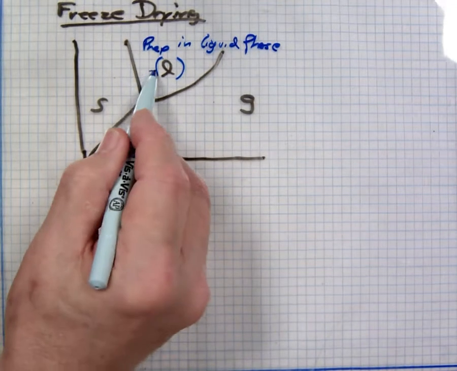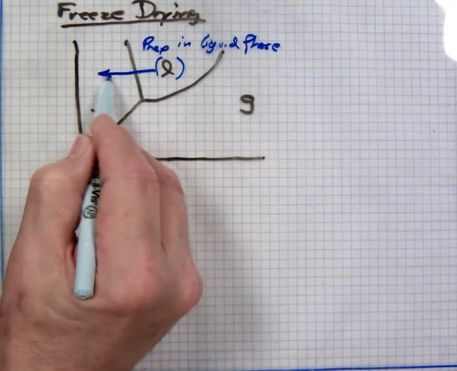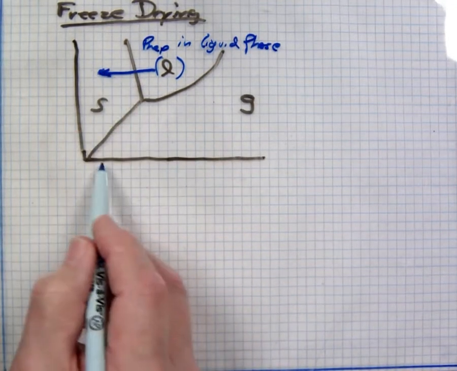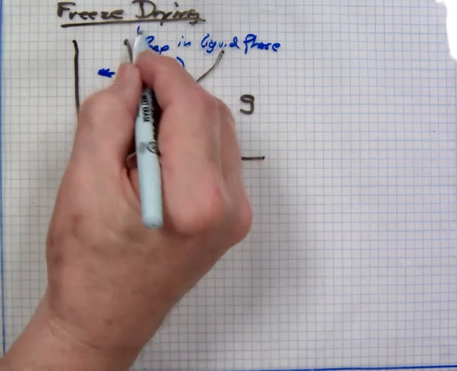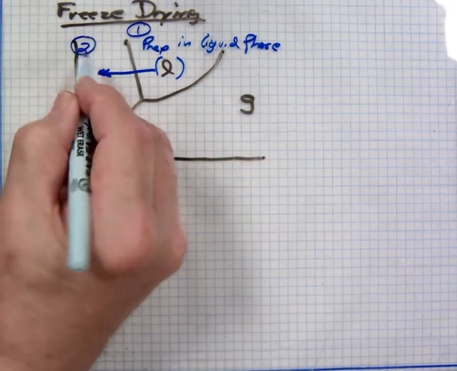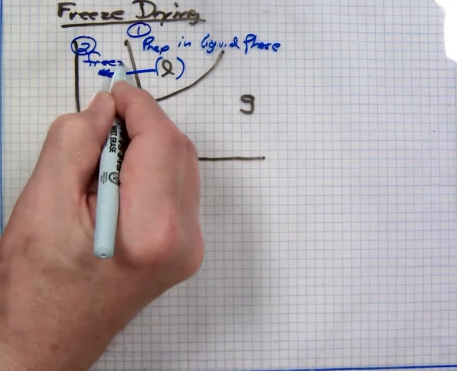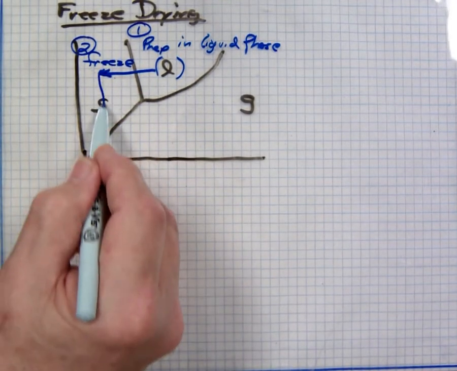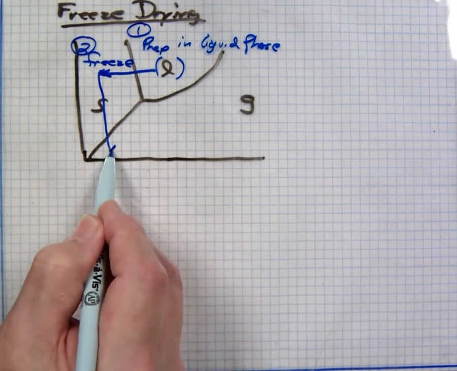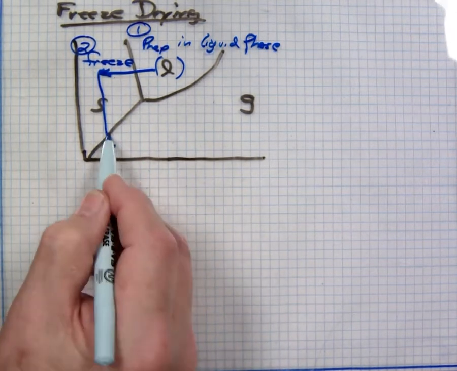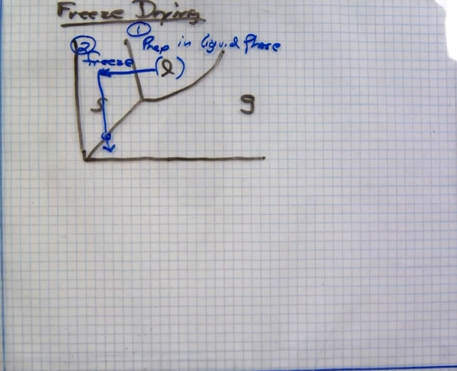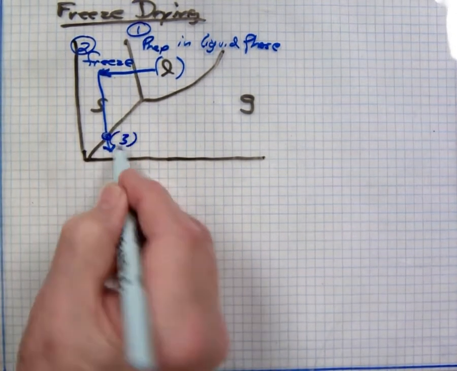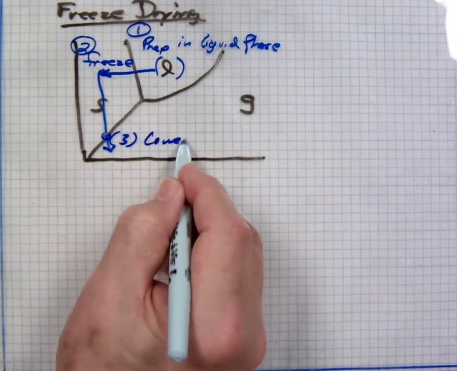Then you would freeze it back here, or lower the temperature till you were freezing. That's number one. Number two is freeze it. And then number three, you would lower the pressure around the frozen food until it got down below this point right here. That would be number three, lower pressure.